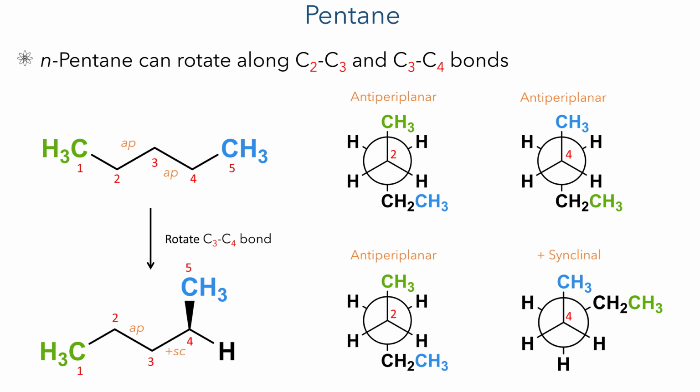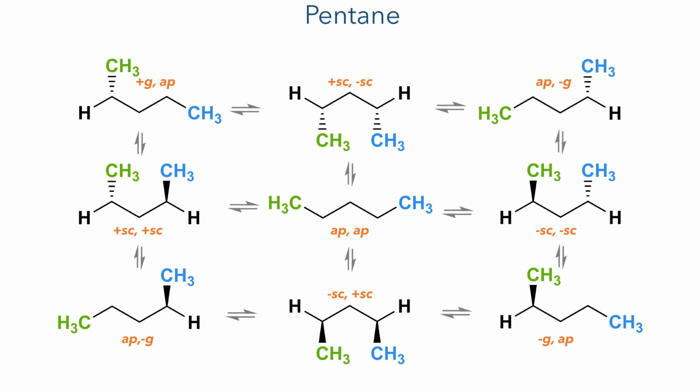However, we can rotate one of these bonds, in this example the C3-C4 bond, and arrive at two different conformations, an antiperiplanar conformation on the C2-C3 axis, and a plus synclinal conformation along the C3-C4. As the conformation around both of these bonds can be varied, pentane has a large number of possible conformations.